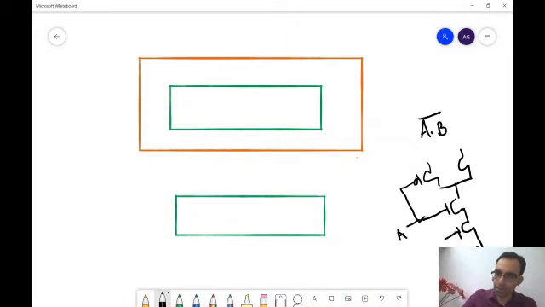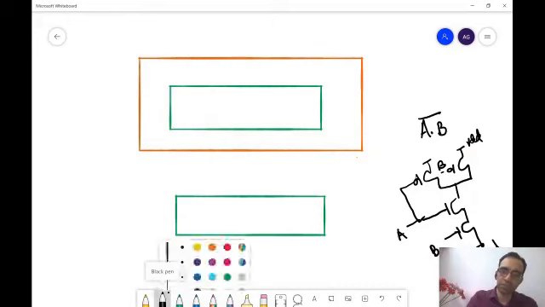A and let us say B. Are you able to see this? Are you with me on this part? Yes, sir. So what we are saying is that there are 2 NMOSs and 2 PMOSs. PMOSs are in parallel, NMOSs are in series. So what would you do?